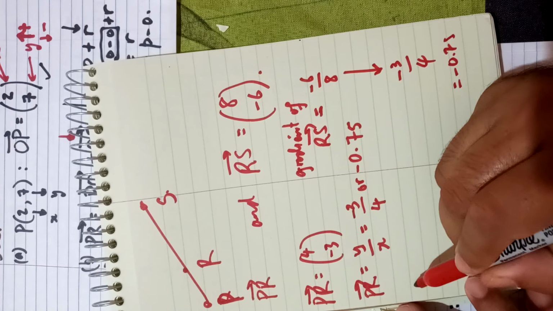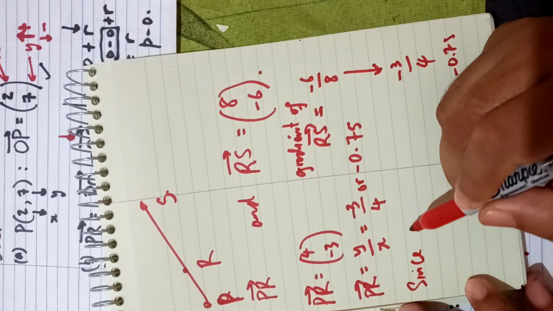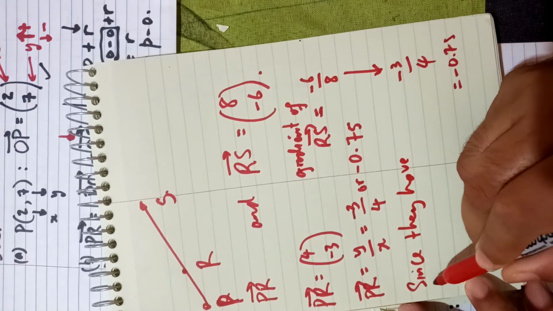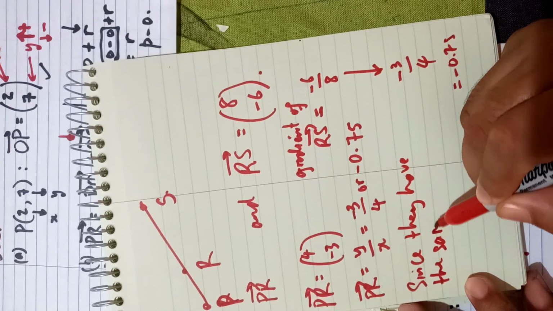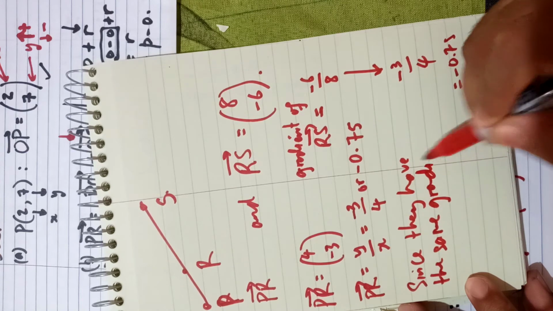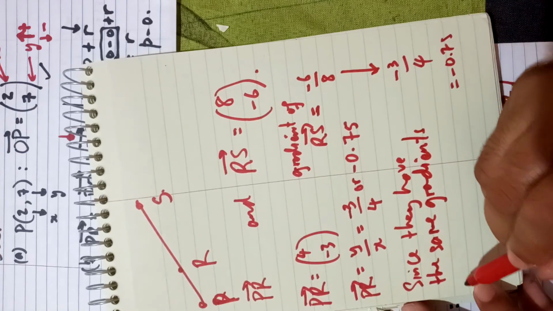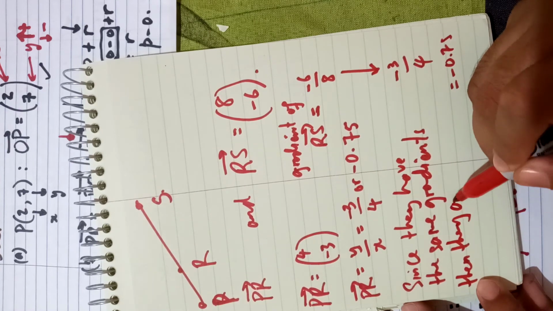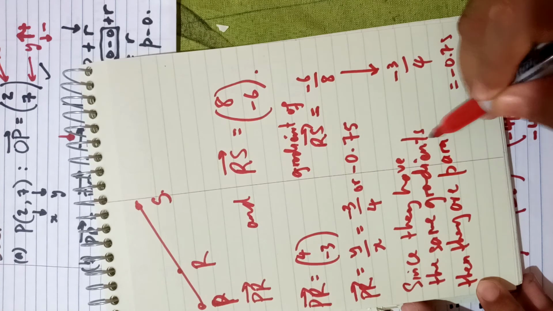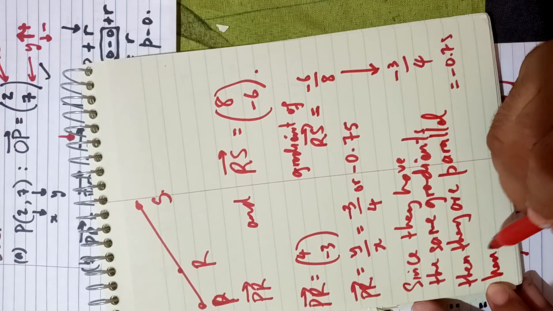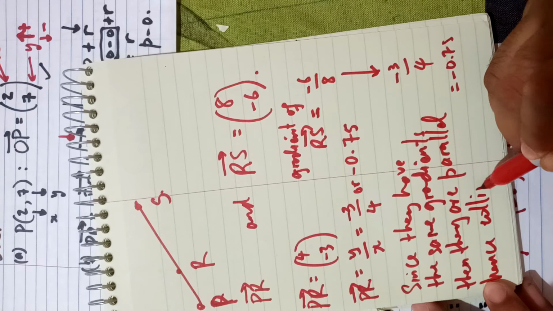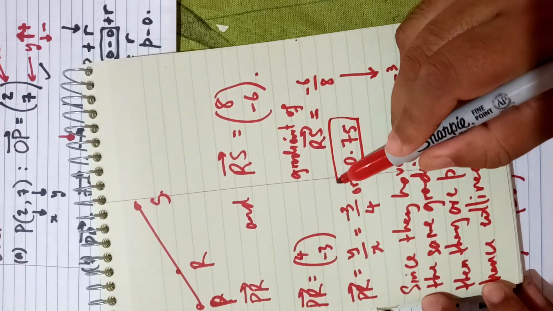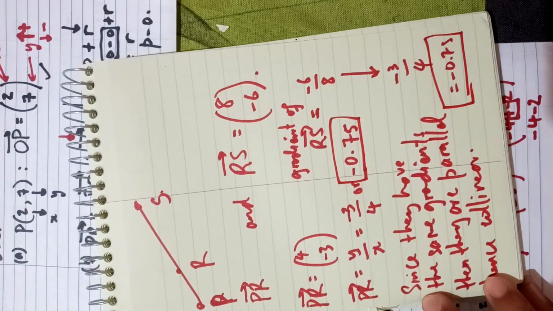Now, since they have the same gradients, they are parallel, hence collinear.